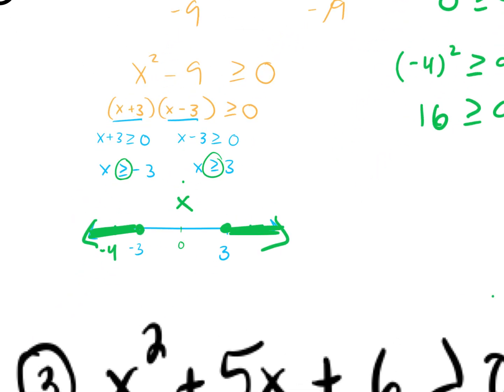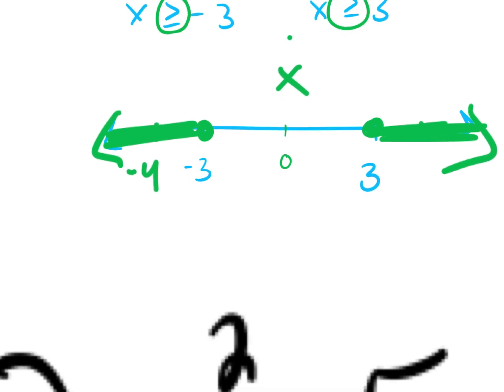So now let's write our interval notation. So our left arrow is pointing to the left. So what's our smallest value that we're talking about here? Negative infinity. Is negative infinity going to get a parentheses or bracket? Parentheses. And then this goes all the way up to what? Negative 3.